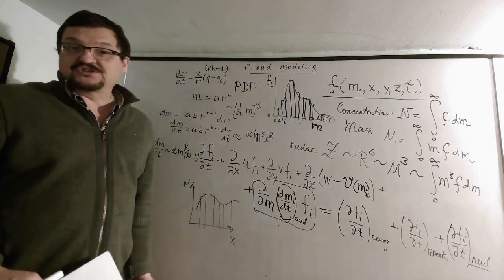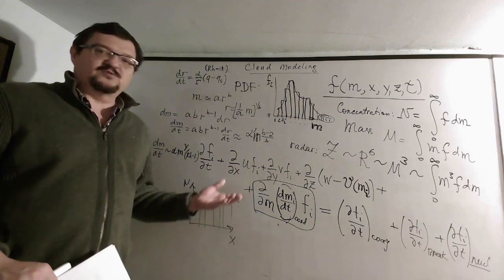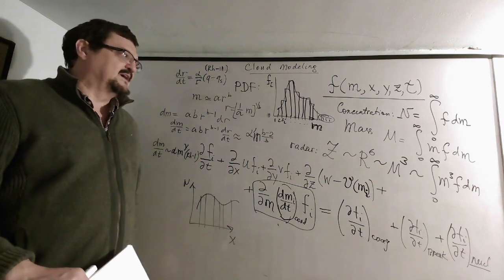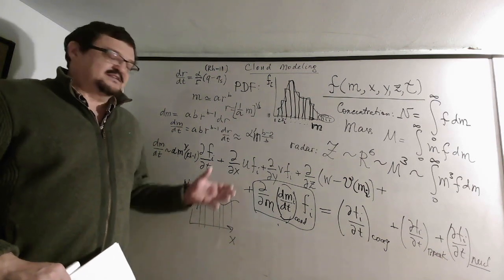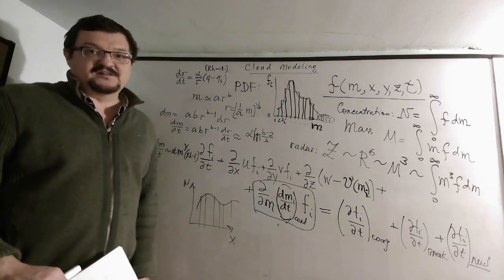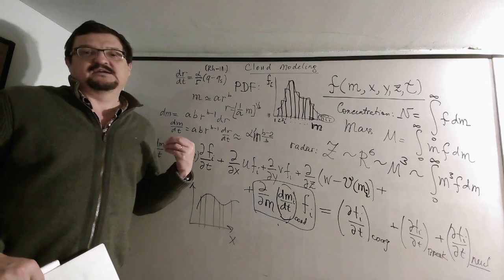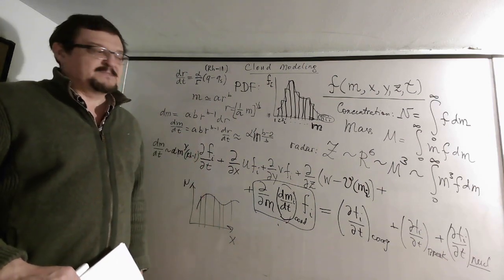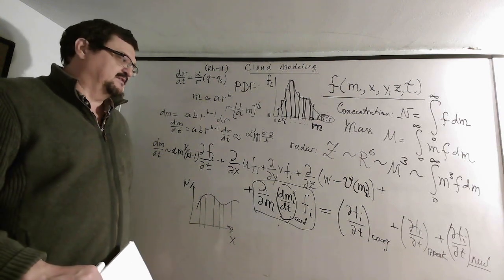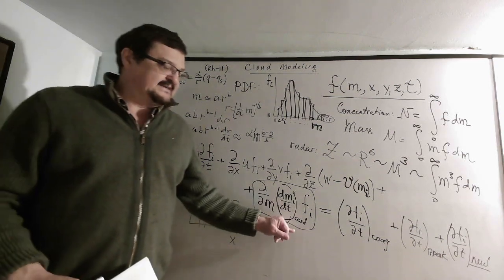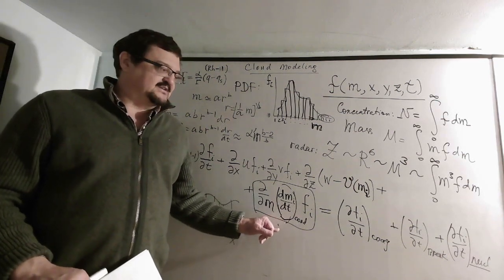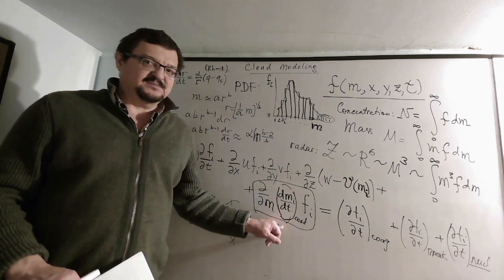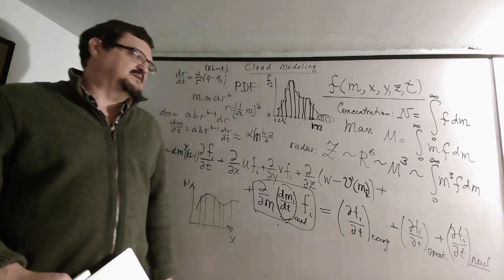Actually, it's not sufficient in my opinion, and I've shown that in one of my papers when I was a student a long time ago, that it can produce very wrong results compared to if you conserve four moments of the distribution instead of two. So you have to be extremely accurate in how you treat advection in mass space or size space using bin microphysics.